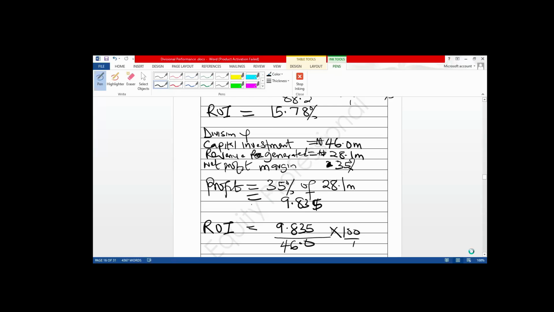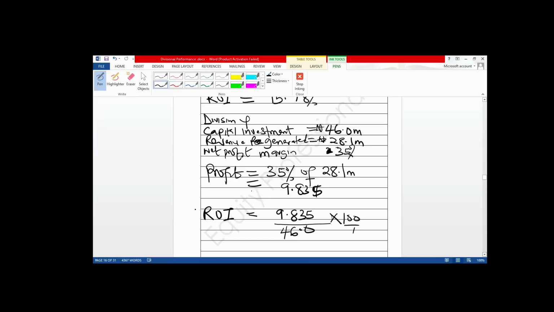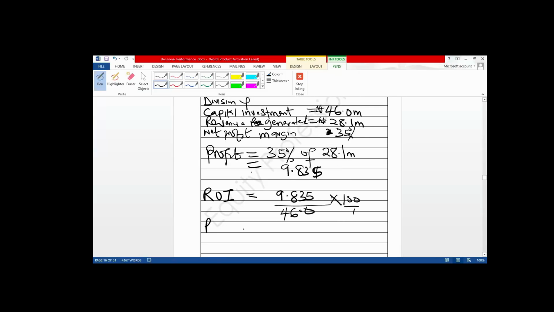This gives 21.38. Return on investment is 21.38%. You have calculated return on investment of the new projects for both division X and division Y.